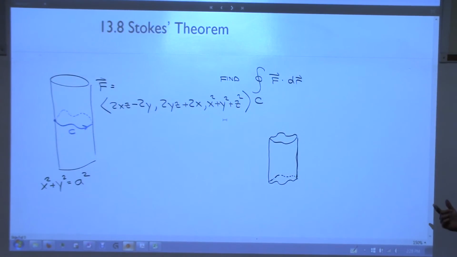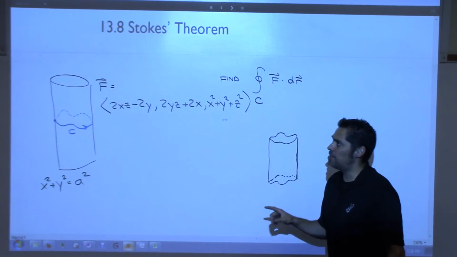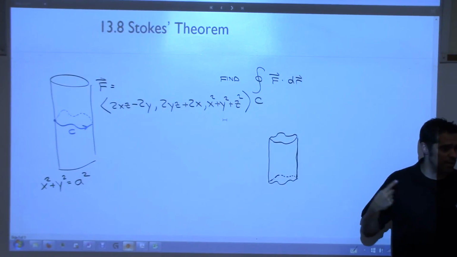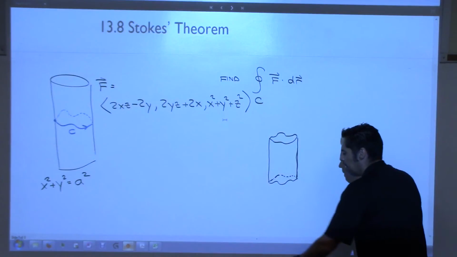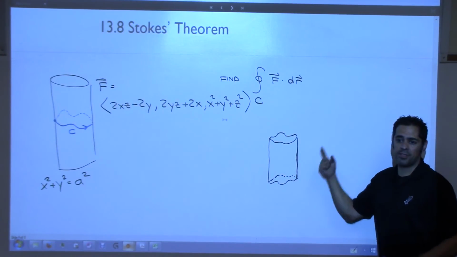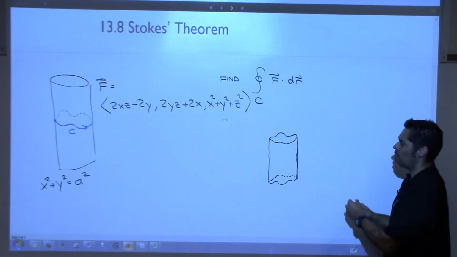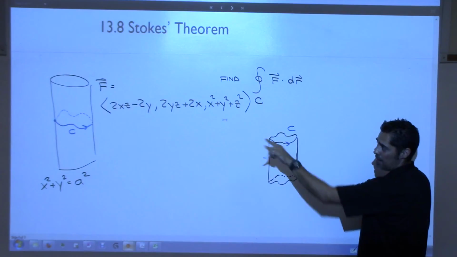If we are to use Stokes' theorem, then Stokes' theorem says that if C goes around the edge of a surface, right, then we can use the theorem. If I cut a cylinder in two pieces, I actually have two curves that would enclose this surface, not just one. It's the curve on top here, C, which I said is going that direction over there.